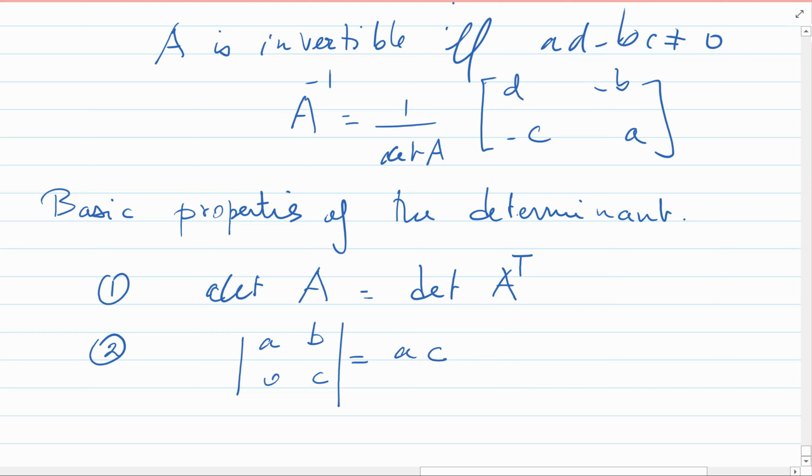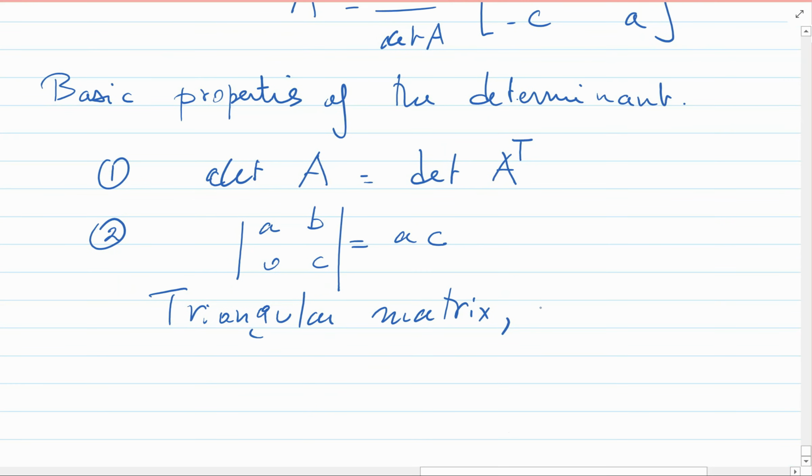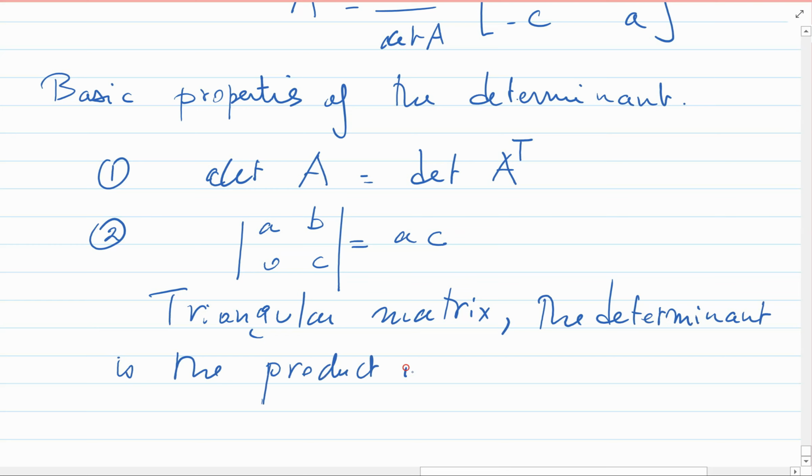And therefore, what it means is that for a triangular matrix, the determinant is just the product of the entries on the diagonal.